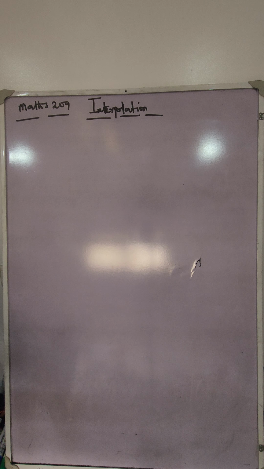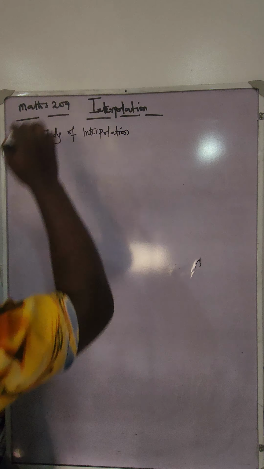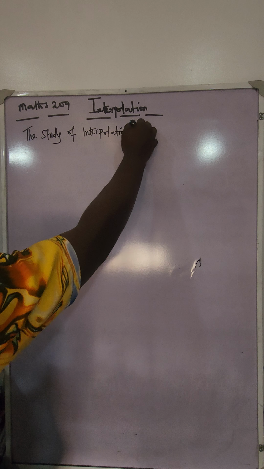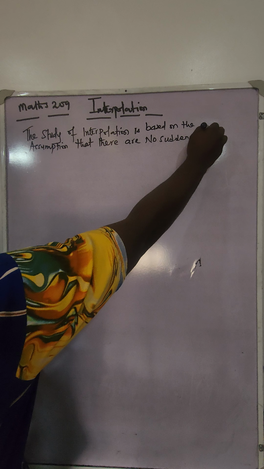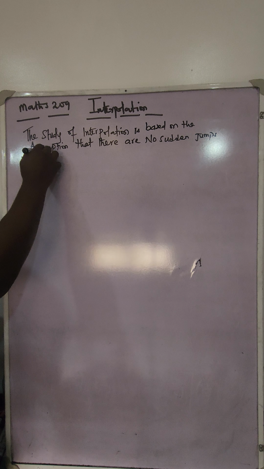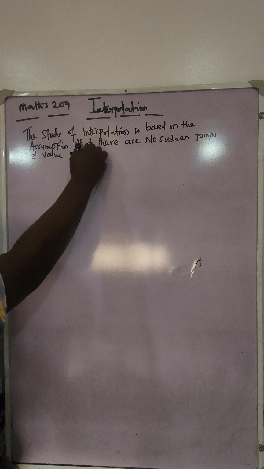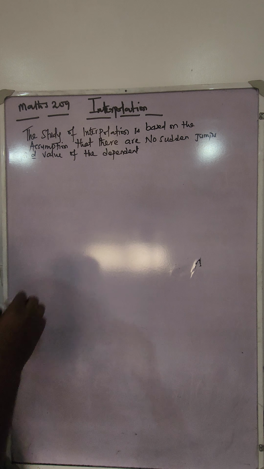Okay, let's take this note quickly. We said the study of interpolation is based on the assumption that there are no sudden jumps in the values of the dependent variable.